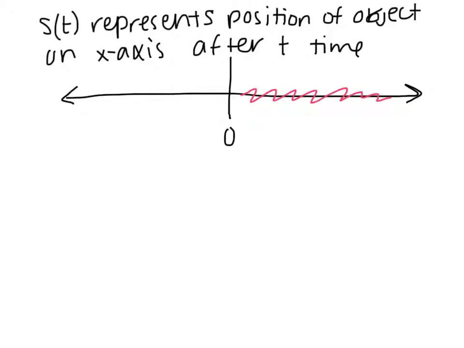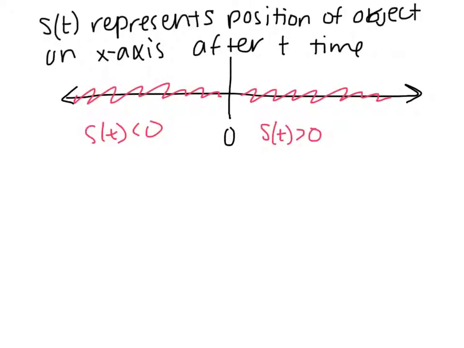What I'm trying to say is whenever s of t is greater than 0, the object is going to be on the right side of the position 0. And then if s of t is less than 0, then it's going to be on the left side, because it's negative. Pretty self-explanatory.